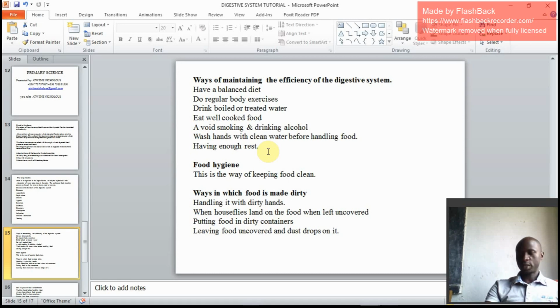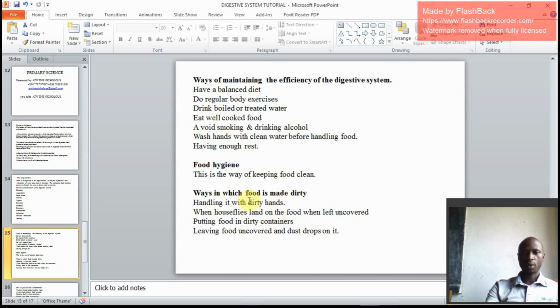Then as we try to wind up, we also have food hygiene. It is connected to the digestive system, and it is keeping food clean. How do we make food unclean?